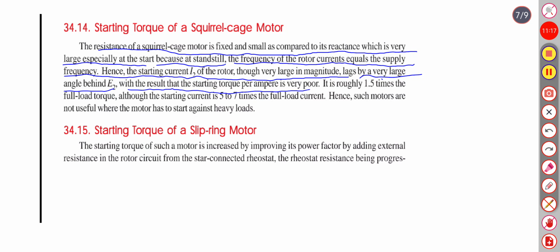It is roughly 1.5 times the full load torque, although the starting current is 5 to 7 times the full load current. Hence such motors are not useful where the motor has to start against heavy loads.